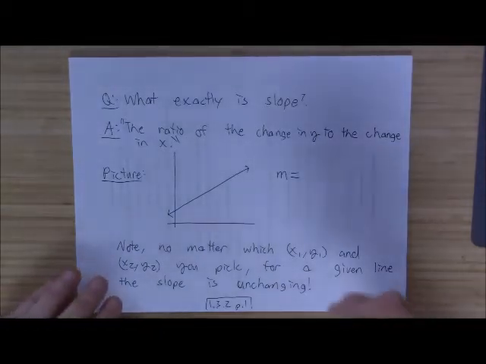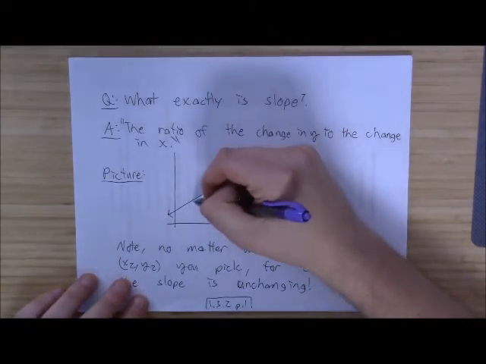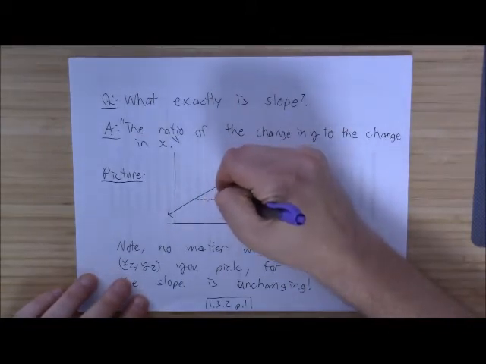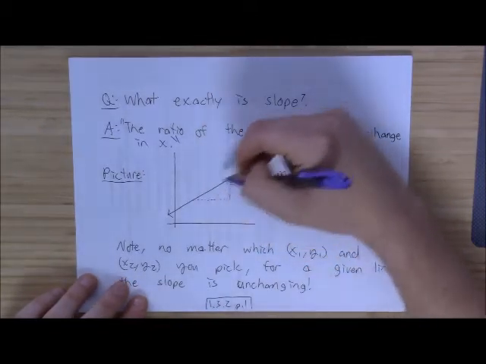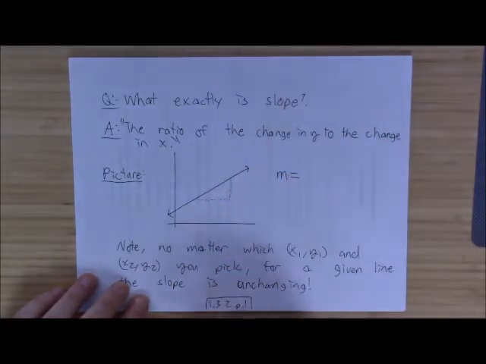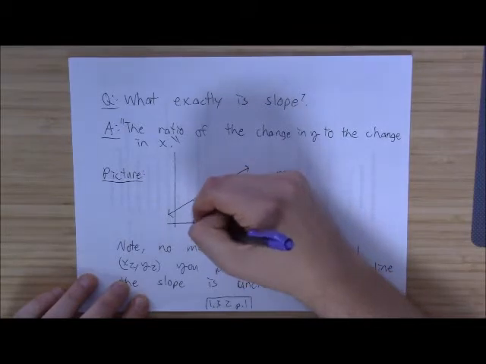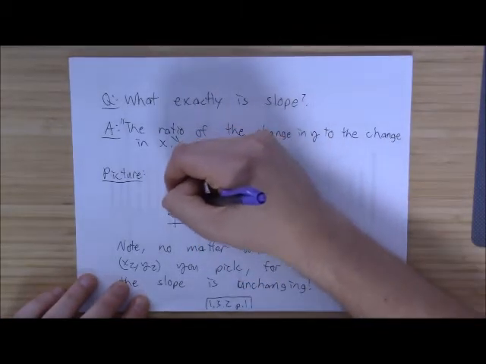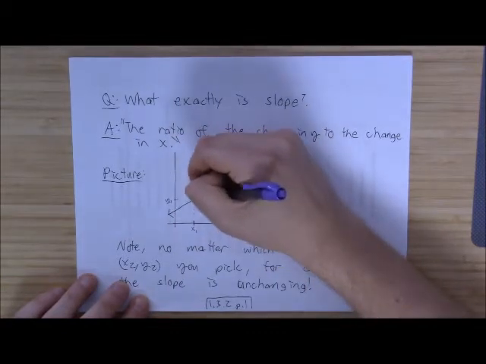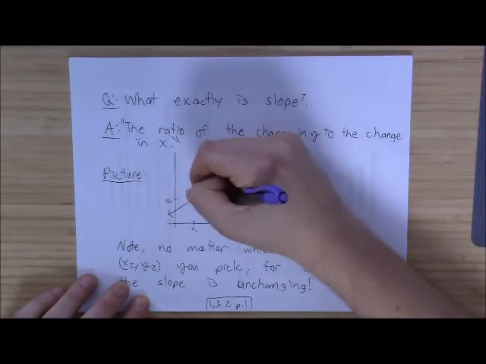Well, we saw in the last chapter that essentially, for every bit we go over, we go up a certain amount, and that dictates what my slope is. Namely, here, if this was some x1, then I'd have some y1 as well, x1, y1 at that point.